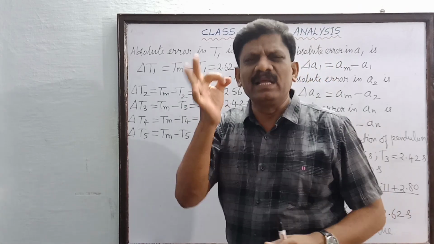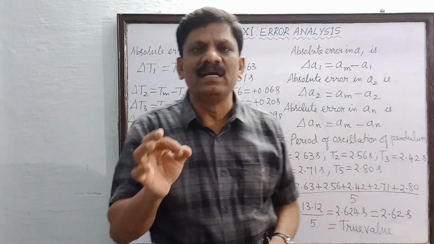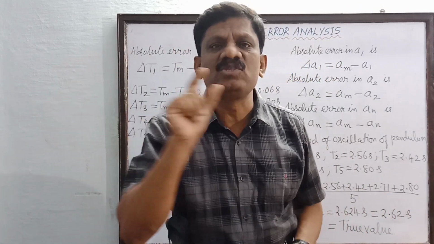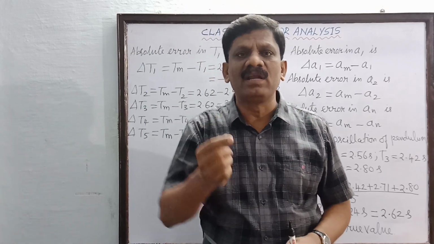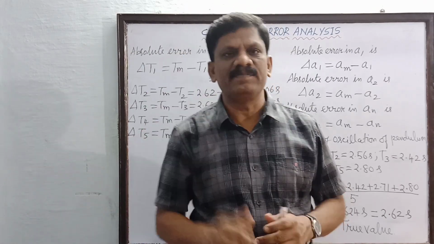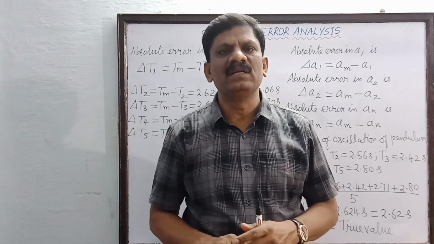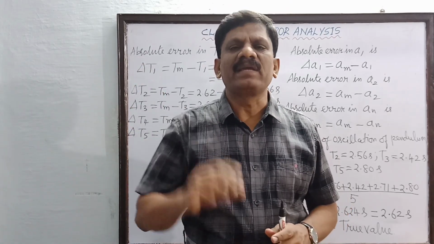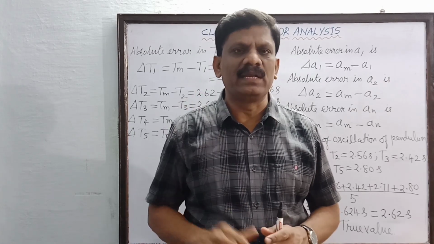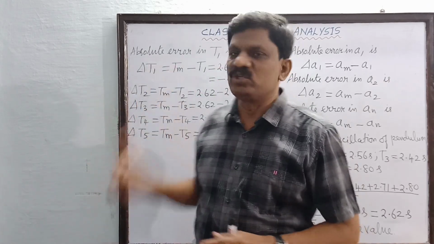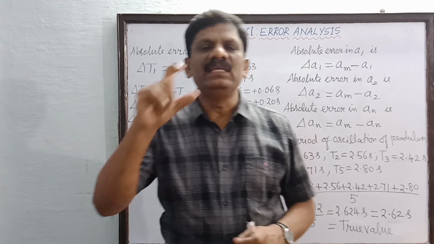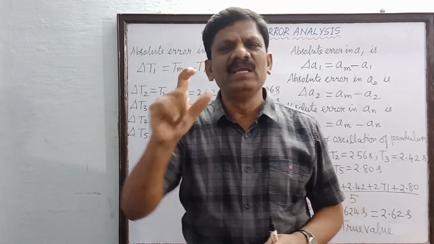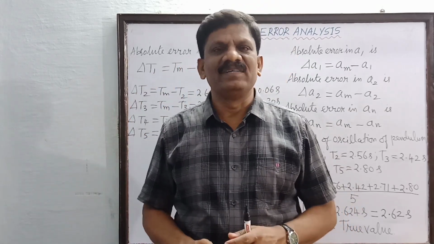So very clearly keep in your mind that absolute error has to be calculated for each individual observation, whereas the following errors will be calculated only once as a total. Absolute error should be calculated for each and every individual observation.